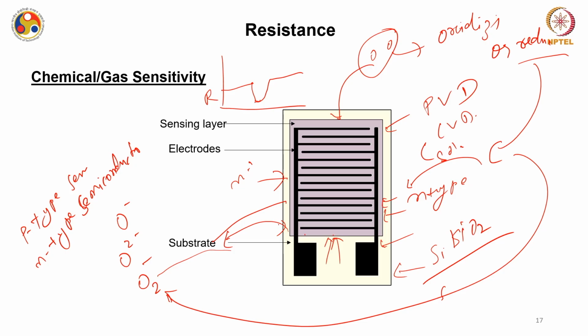So if I can calculate this resistance change, I can calibrate it against some standard sensors, and I can say that this much concentration of this gas is present or not. This is how a simple variation in resistance of a thin film can be used as a gas sensor.